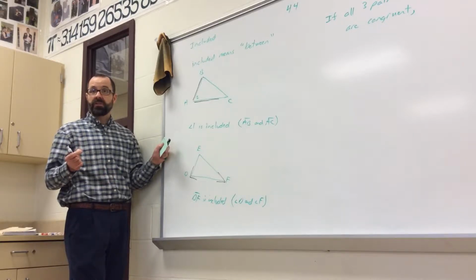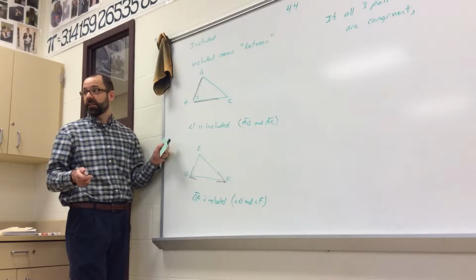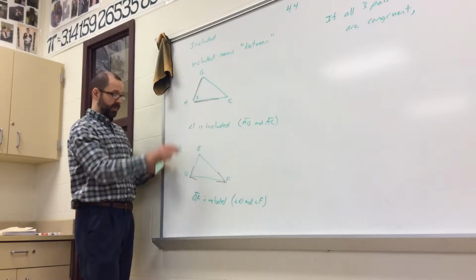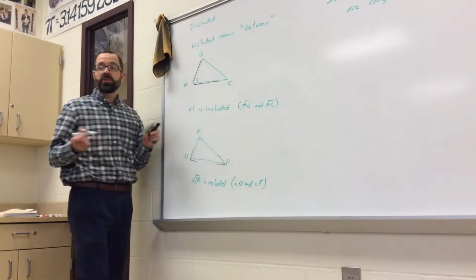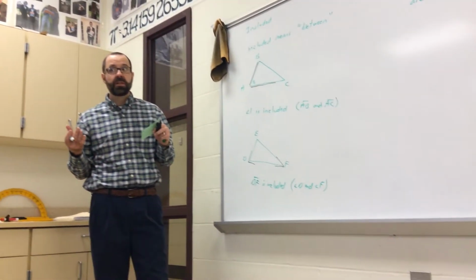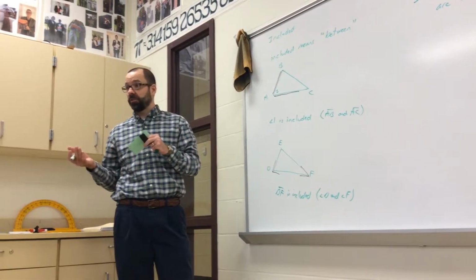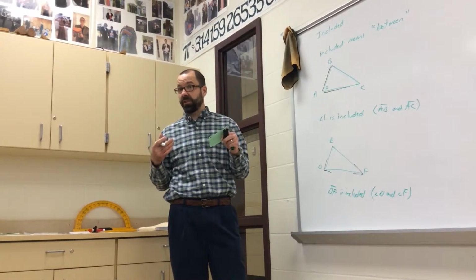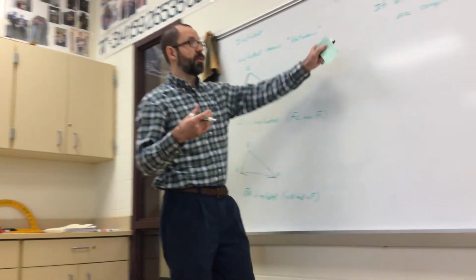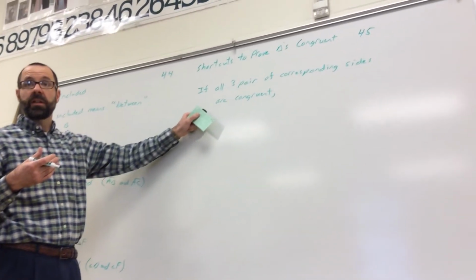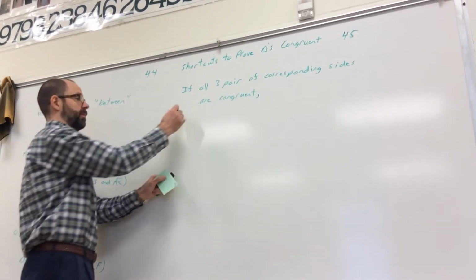It turns out that if that's true, then automatically this angle is going to be congruent to that angle. And this angle is going to be congruent. So you don't even have to check the angles. Because if the sides are congruent, then automatically the angles are going to be congruent. So if all three pair of corresponding sides are congruent, then the triangles are congruent.